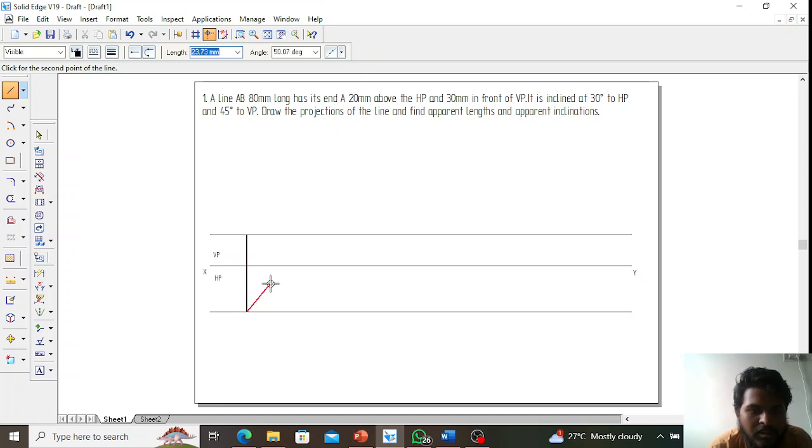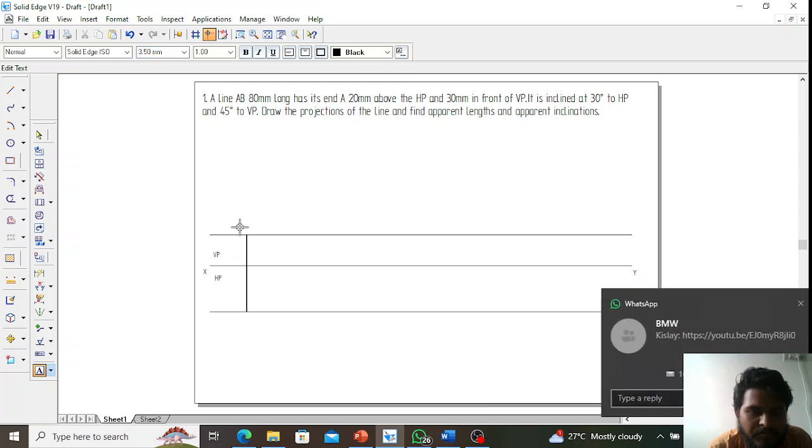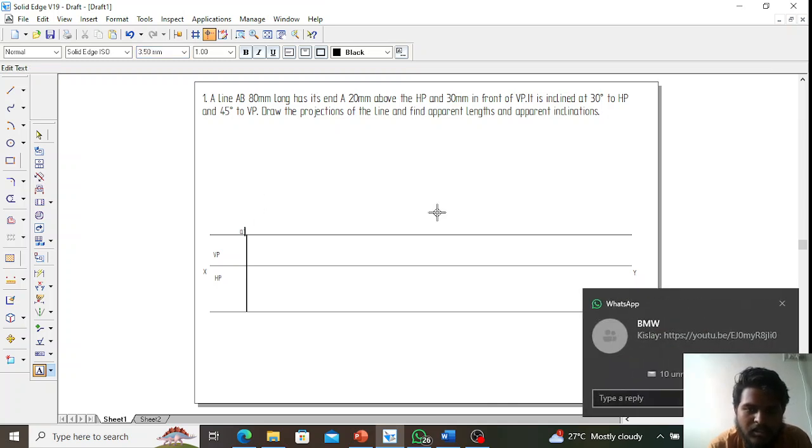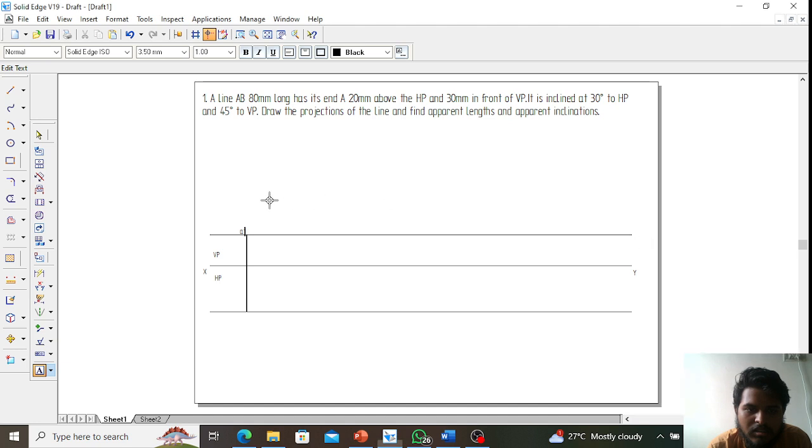Let us name this line as a dash, a dash and a, and name this line as locus of b dash, and this as locus of b dash of a.